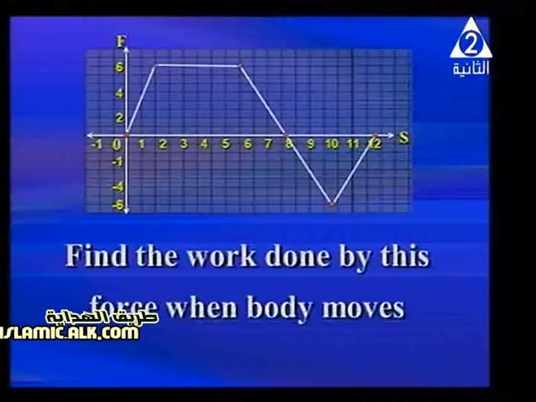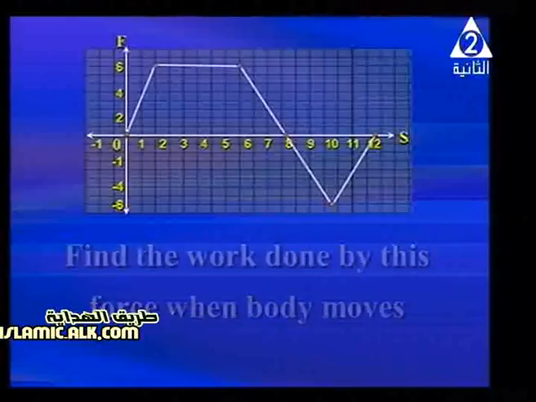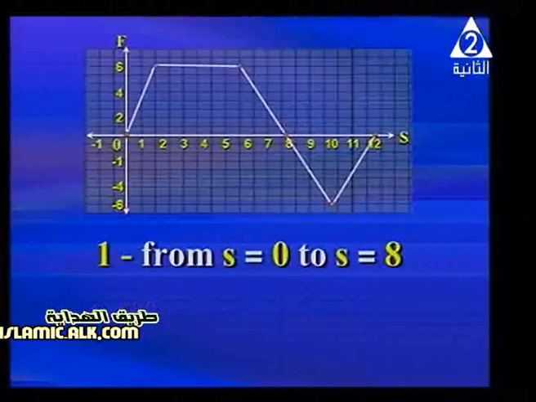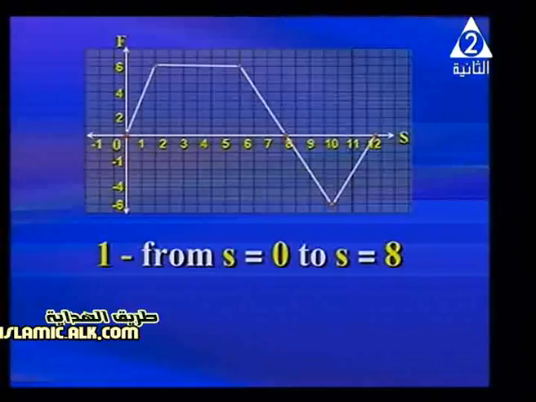Find the work done by this force when the body moves, number 1, from s equals 0 to s equals 8. Remember, dear student, look at the figure: above the s axis from s equals 0 to s equals 8 is a trapezium.